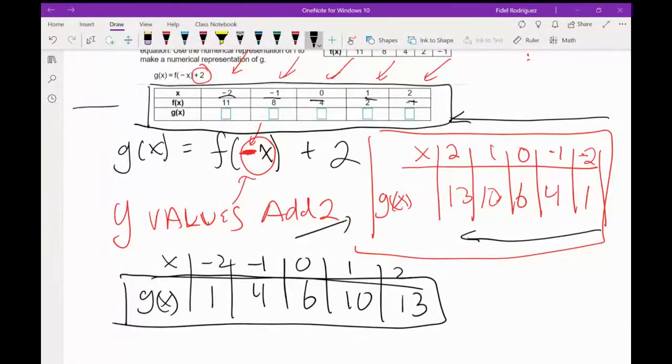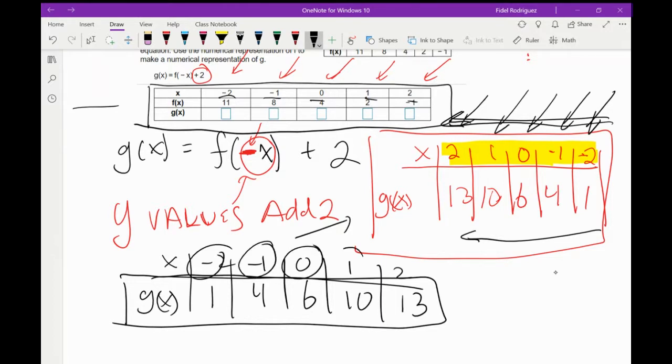So I want you to notice something. Look at these x values right here. They're written: this is a +2, this is a +1, 0, -1, and -2. All I'm doing is writing them in the opposite order. So I'm going to put the -2 coming first, and the -1, and then the 0, and the 1 and the 2.